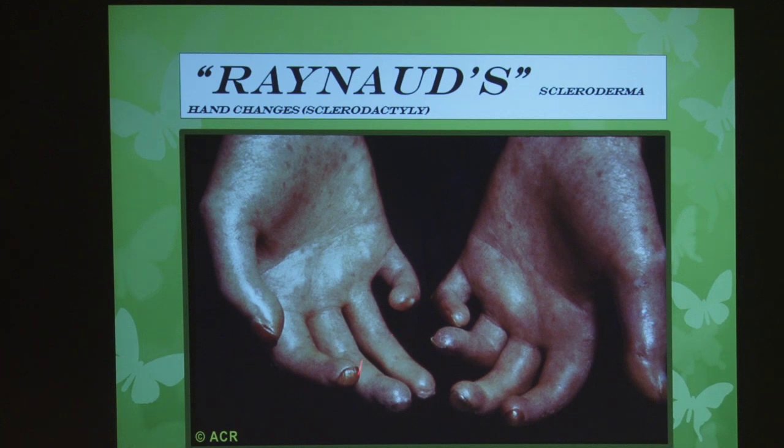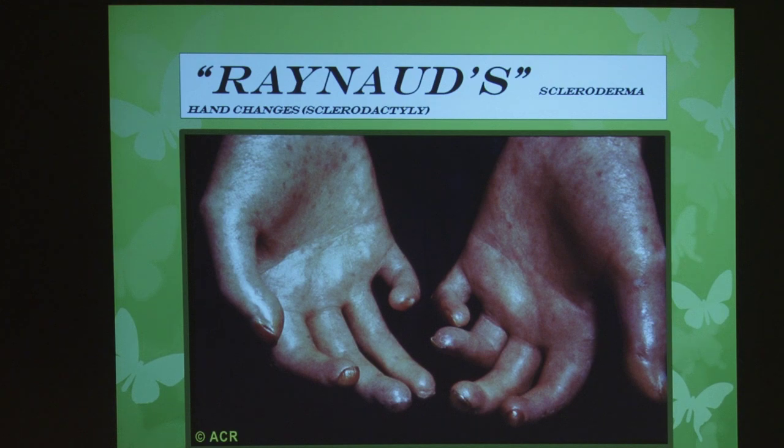With this patient, it's pretty significant, and you have involvement all the way up the palm. You can see that over time, the Raynaud's as well as the scleroderma has led to what we will call atrophy or loss of tissue at the very ends of the fingers, and the fingers are significantly changed. So they don't have that nice tissue padding that a normal finger would have at the very end.